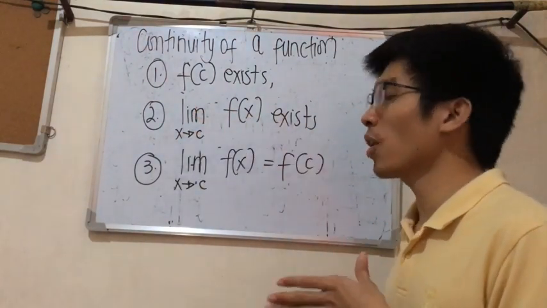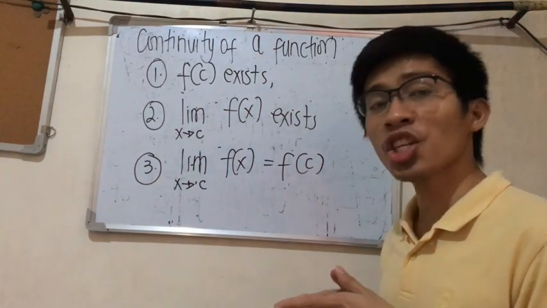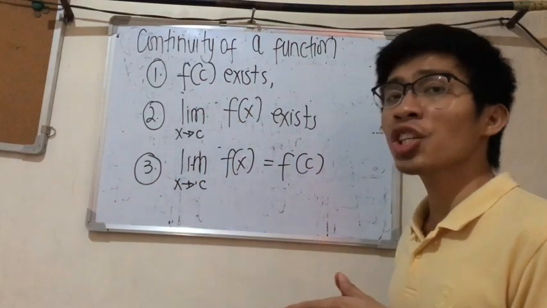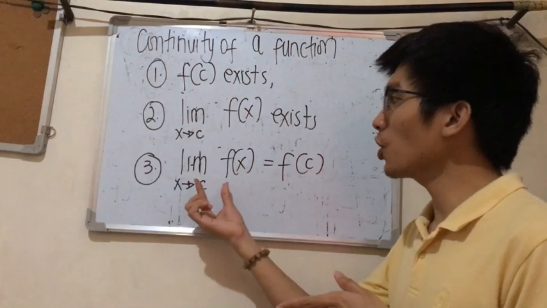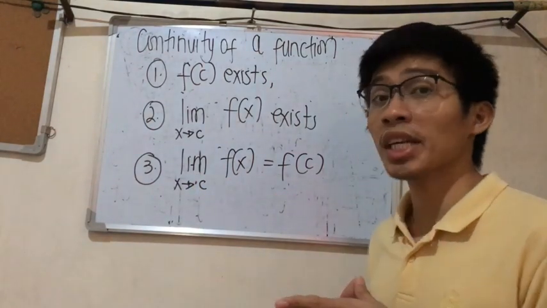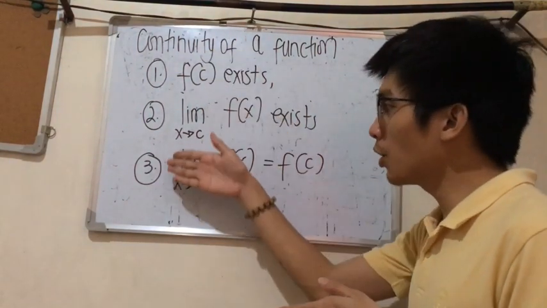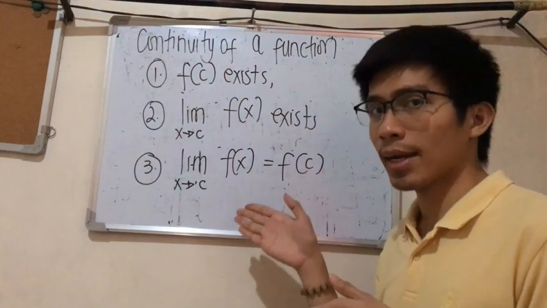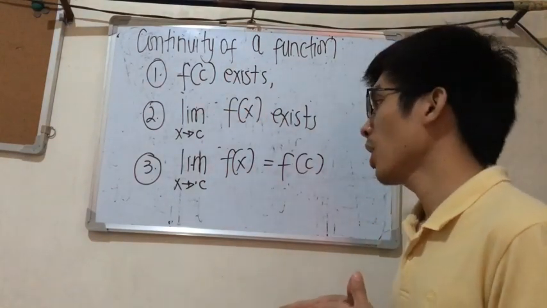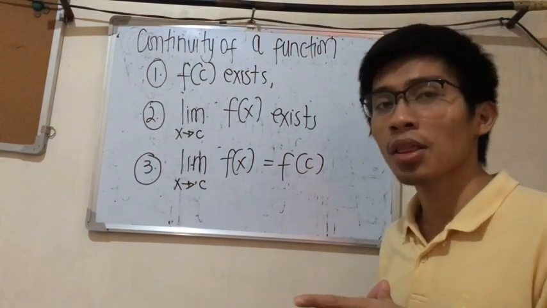If the limit of that function also exists, meaning condition number 2 is approved. For condition number 3, the limit from condition number 2 is equal to the value from condition number 1. In other words, once the function is checked on all of these conditions, it is continuous. If it violates at least one, therefore not continuous.